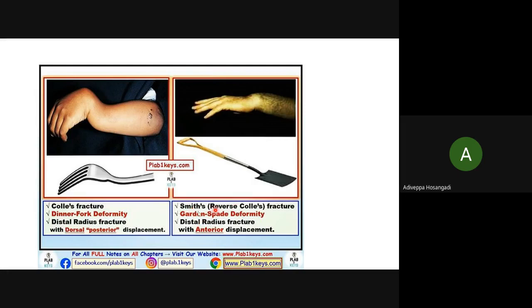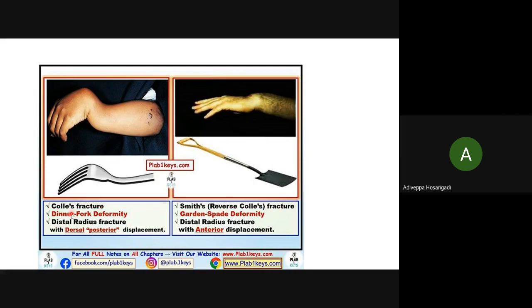Smith fracture. Just like Monteggia and Galeazzi, please remember there are many named fractures around the distal end radius. We will go one by one. Colles fracture is dorsally displaced. Smith fracture is volar displaced.